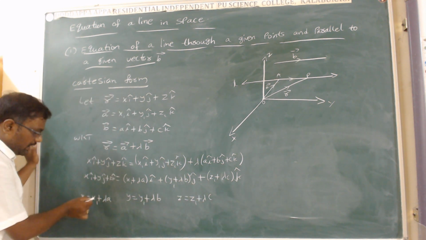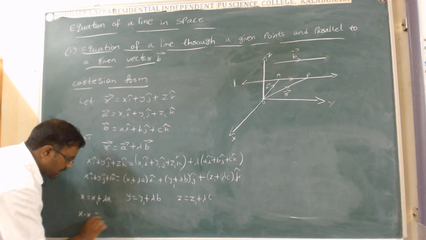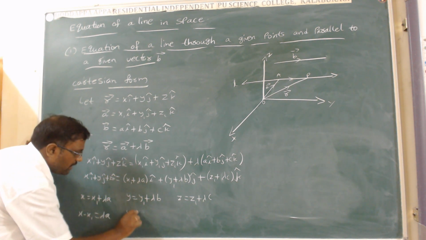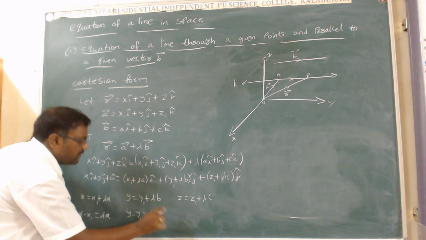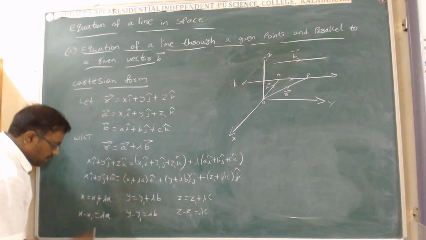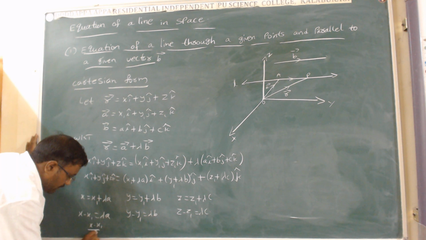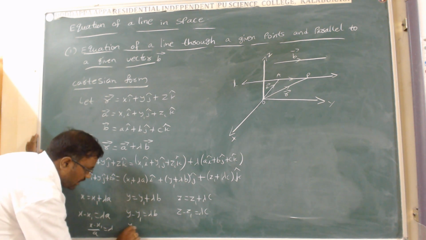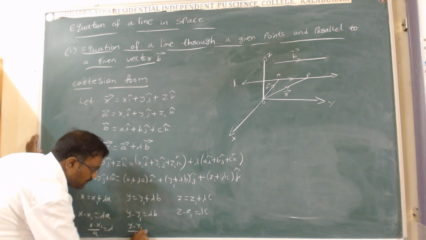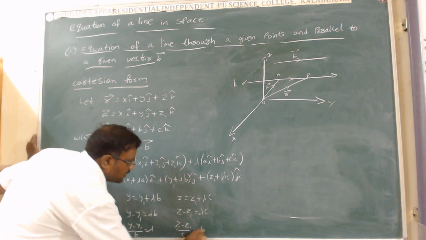Next take x1 this side: x minus x1 is equal to lambda a, y minus y1 is equal to lambda b, z minus z1 equal to lambda c. Similarly take a this side: x minus x1 by a equal to lambda, y minus y1 divided by b equal to lambda, z minus z1 divided by c equal to lambda.